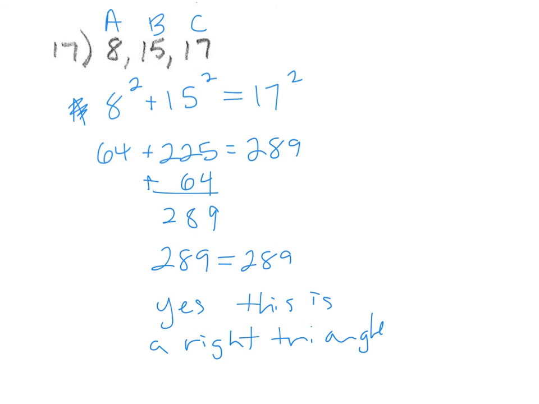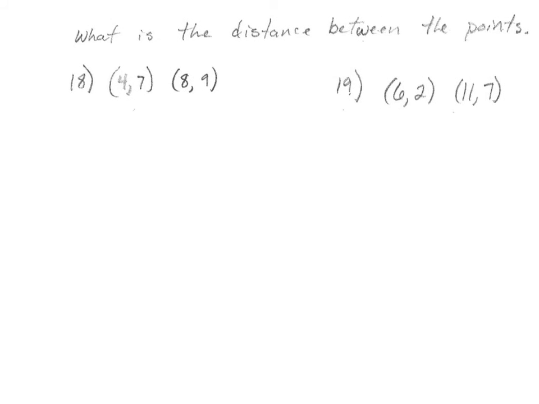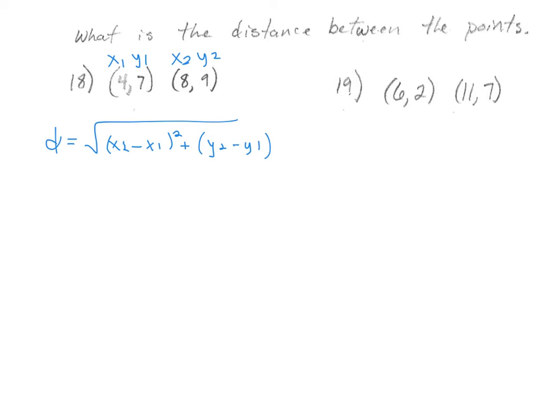Alright, let's look at number 18. We're going to find the distance between the 2 points. The first thing that I'm going to do is label these as x1, y1, x2, y2, and then I'm going to write the formula. The distance is equal to the square root of x2 minus x1 squared plus y2 minus y1 squared.